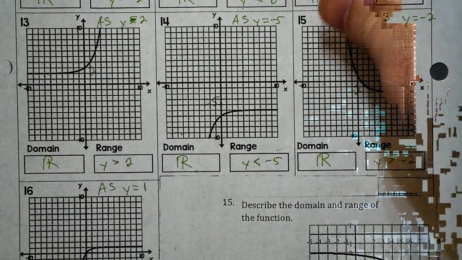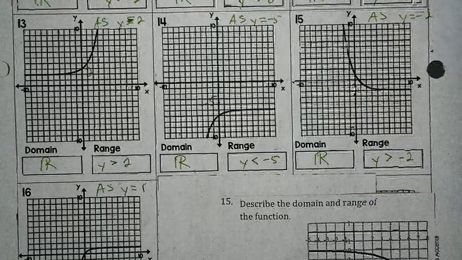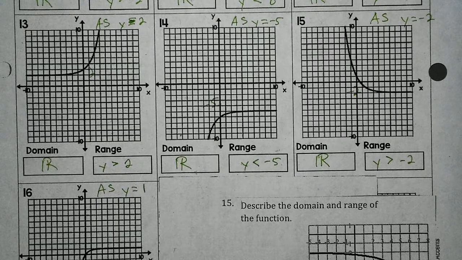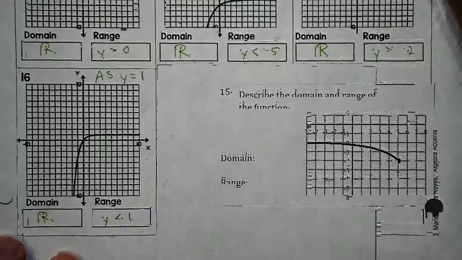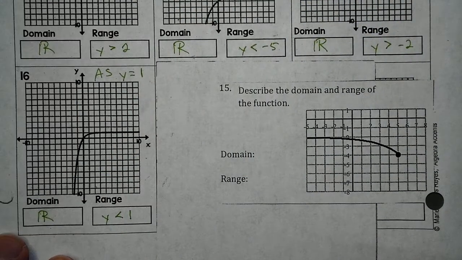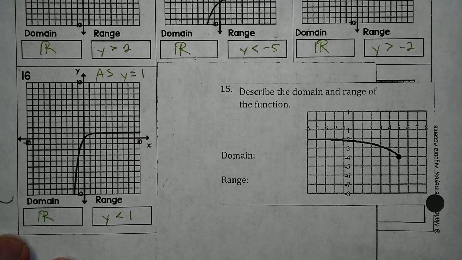Those are the answers I got. And then on 16, this is the answer I got for that one. Hopefully you're starting to get the hang of the flow of this.